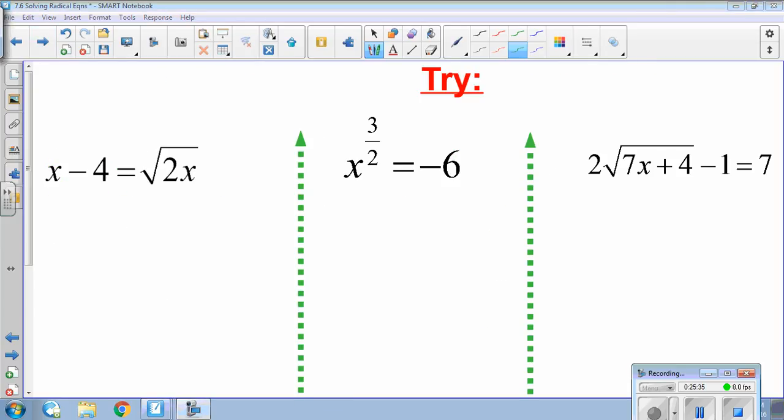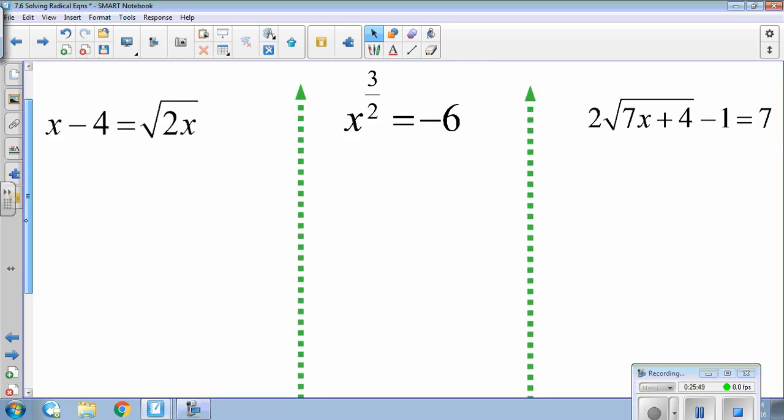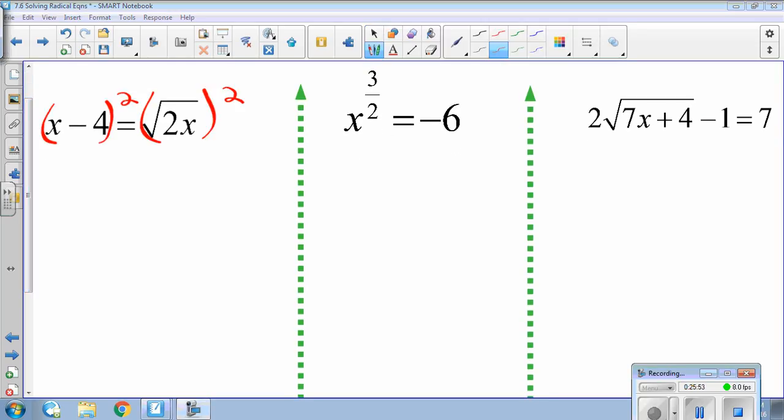Okay, I want you to try these. So you're going to square both sides. So now this is x minus 4 times x minus 4 equals 2x.